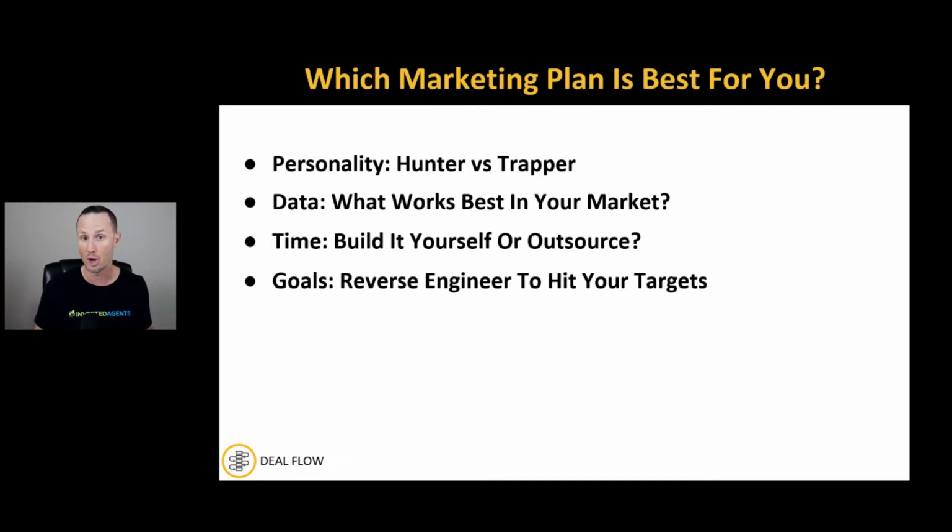They like cold calling, door knocking, texting, networking. They enjoy that, or even if they don't necessarily enjoy it, they're good at it. Trappers, on the other hand, prefer sending out marketing and letting leads come to them. So if you're a trapper, direct mail, social media, SEO, content, branding, those kinds of things. That way leads come to you.